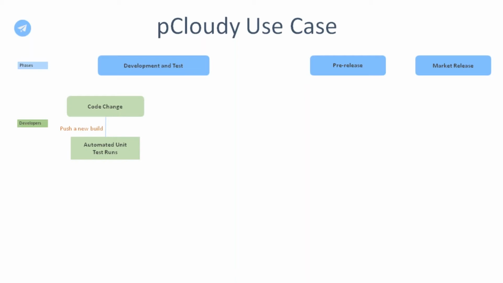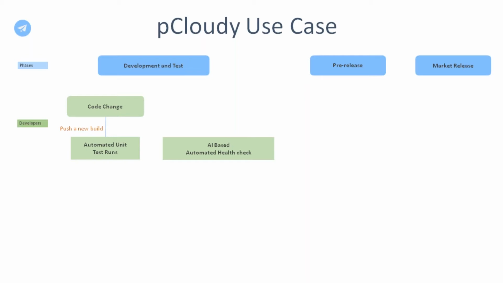Once the automation test run happens and the test cases pass, they will be taking the decision whether to push it to QA or not. Now, won't it be beneficial if they get an automated health check analysis of their app at this stage itself? Well, pCloudy is helping developers achieve both these activities at the same stage.